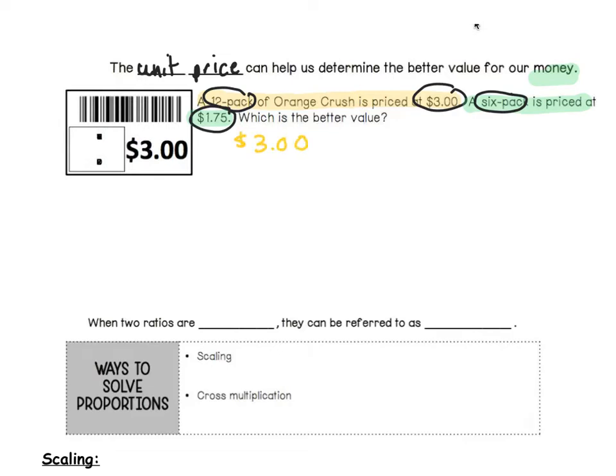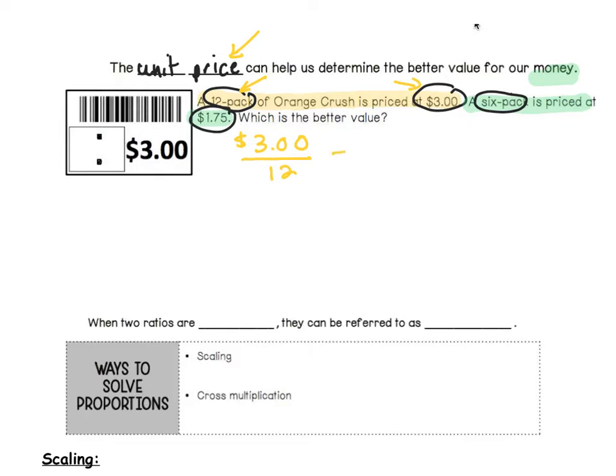So the Orange Crush would be $3. Again, even though they gave us how many cans there were before they gave us the amount of money, we always, when we're trying to find unit price, because we're looking for the price first, we put the price on top. So we're going to take $3 and divide it by 12. So you can pause this video and find out the value for each can.